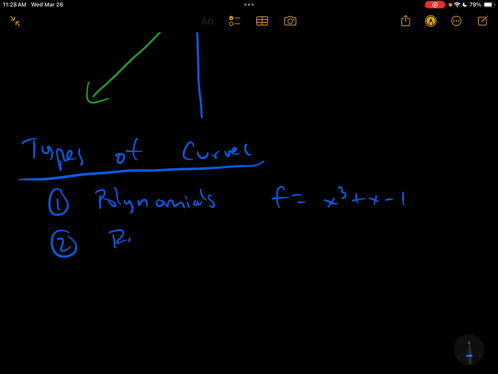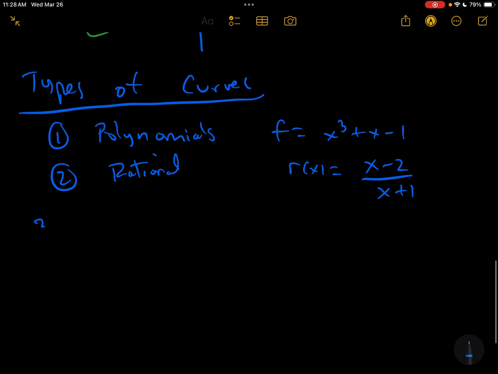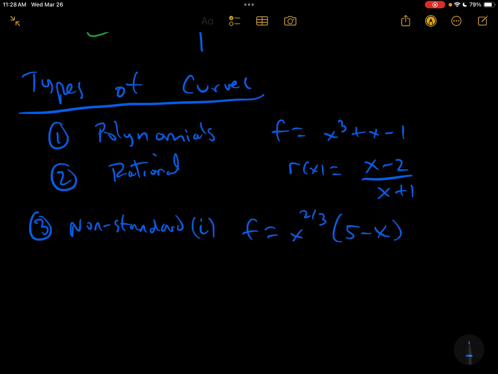We've seen rational functions, like r of x is x minus 2 over x plus 1. We've seen non-standard, I'll call it form 1, stuff like f is equal to x to the 2/3 times 5 minus x.